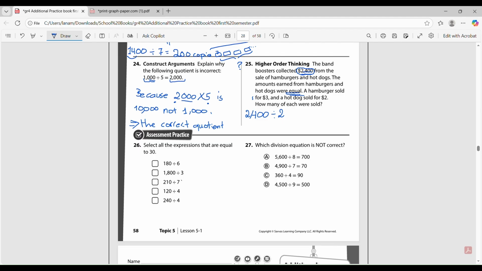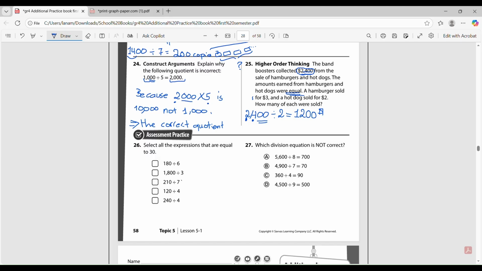So we have two equal amounts of money. So I'm going to divide by 2. 24 divided by 2, first number. 2 divided by 2 is 1. 4 divided by 2 is 2. I still have 2 zeros. I'm just going to move them to the quotient. So $1,200 for each one. Dollars.